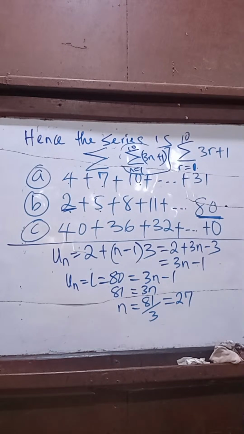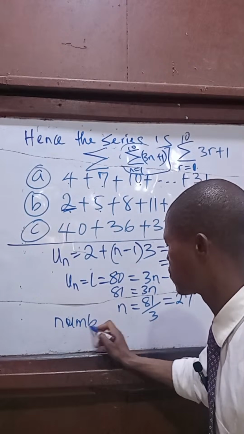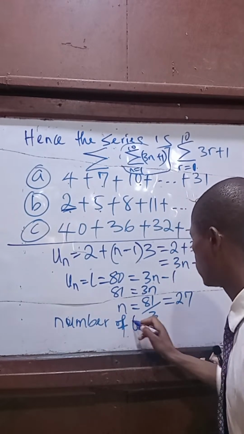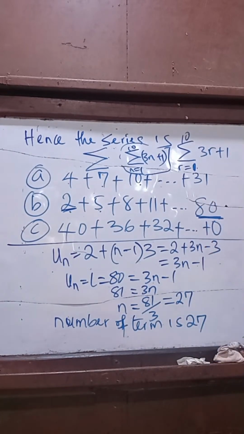So the number of terms is 27. So in sigma notation, that will be sigma for r starting from 1, you can use n also, r from 1 to 27, and then 3r minus 1.